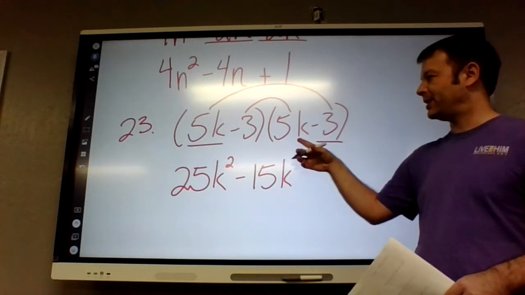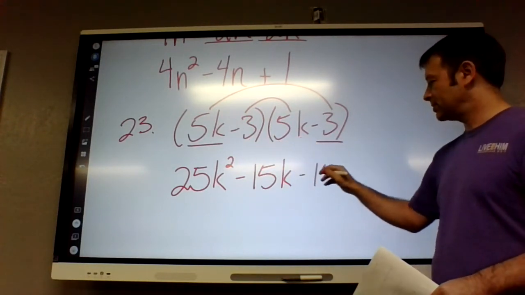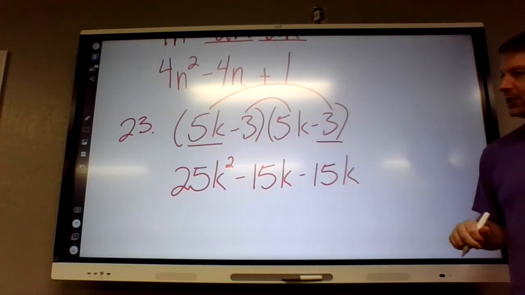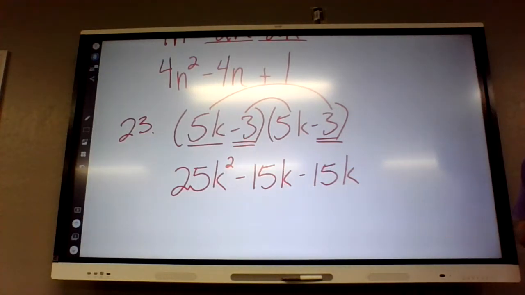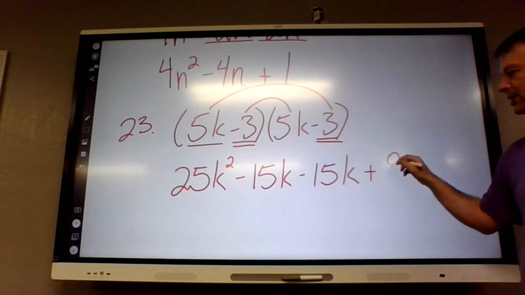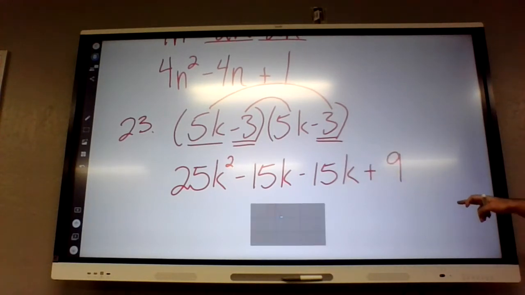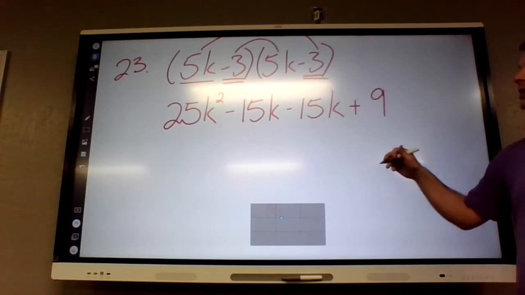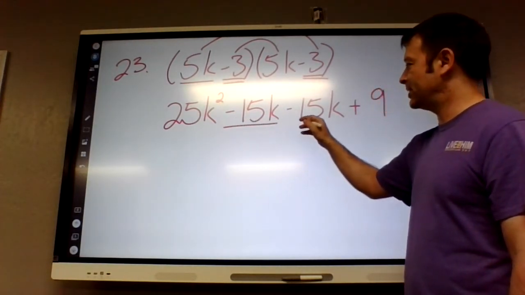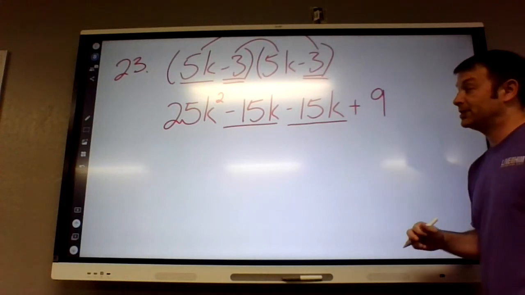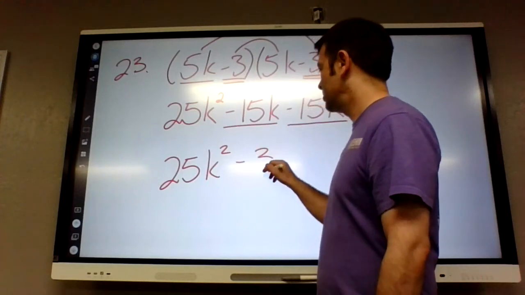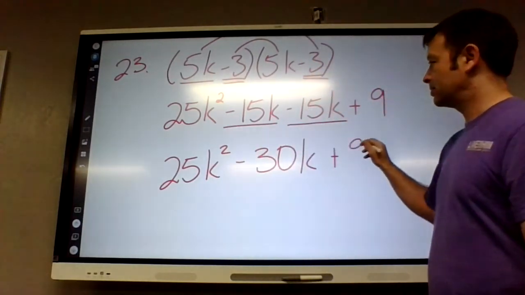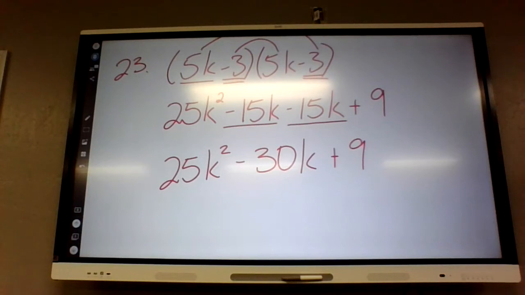Negative 3 times 5k. And then the last two are negative 3 and negative 3. So what's negative 3 times negative 3? Positive 9. So plus 9. Then you have the negative 15k. The two middle terms are like terms. What's negative 15 minus 15? Negative 30. So 25k squared minus 30k plus 9.